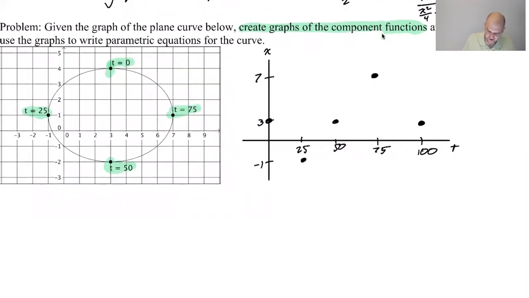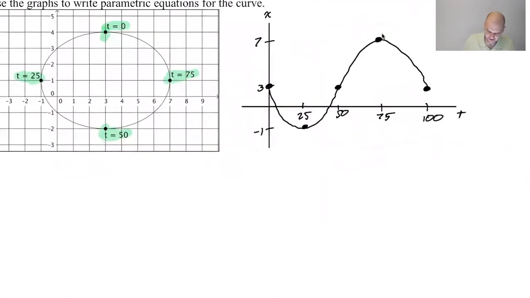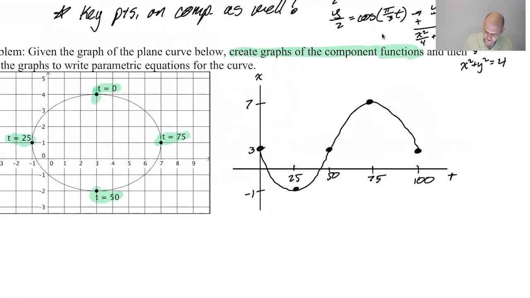All right, if we do all of that, what happens? Well, look at this curve. This should be very familiar. This is a sine curve, and you can see that I did not space it out correctly. So in fact, period is 100, so 2 pi over b is 100. So b is pi over 50.